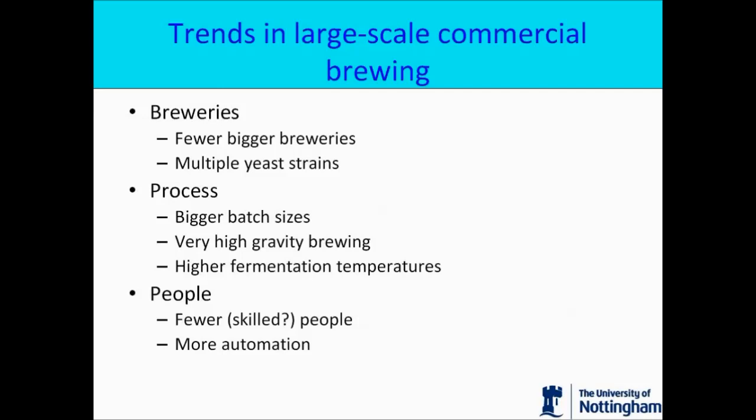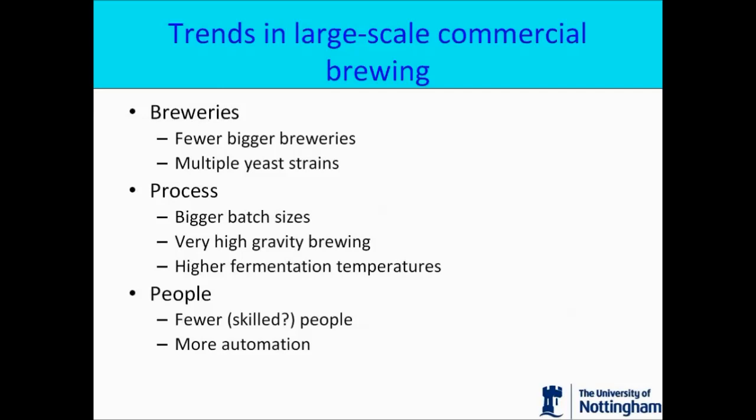You may have very, very large batch sizes and typically use extremely concentrated worts. And in order to shorten cycle times, a general increase in fermentation temperatures. All of those things have happened, and set against that, you need to manage that process using fewer and fewer people.